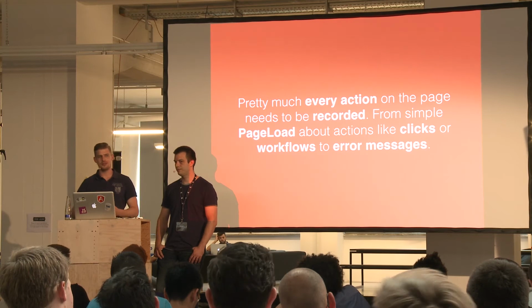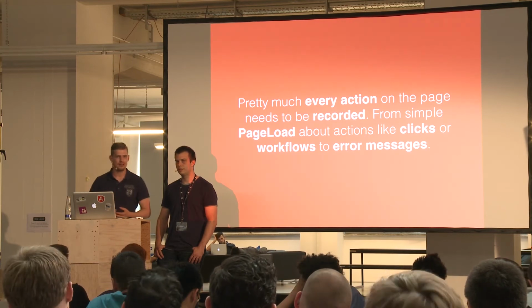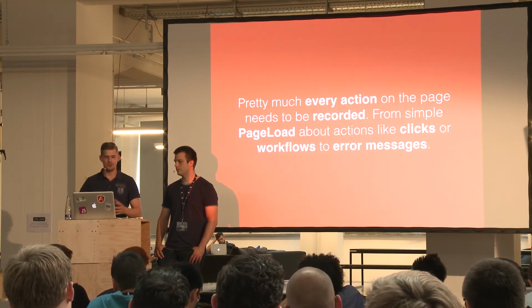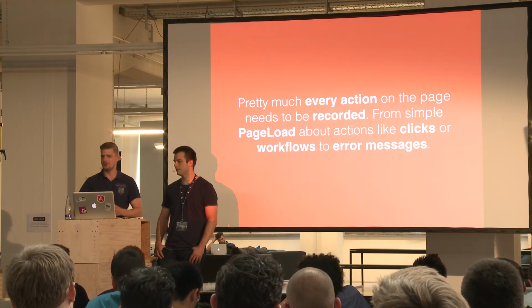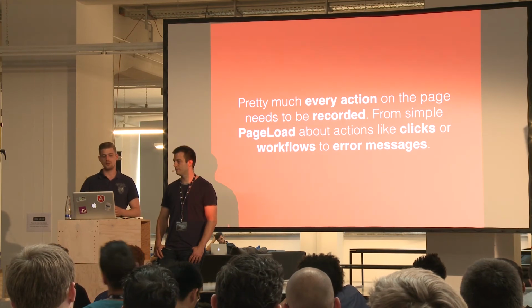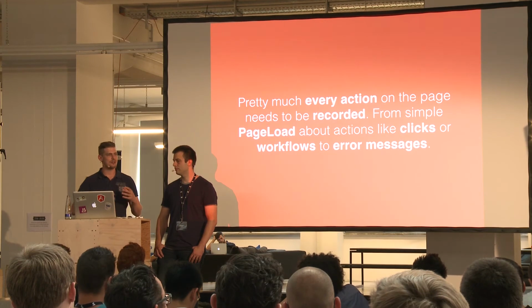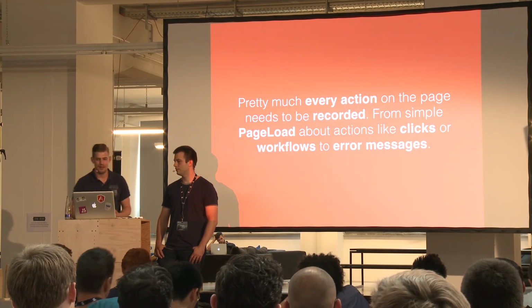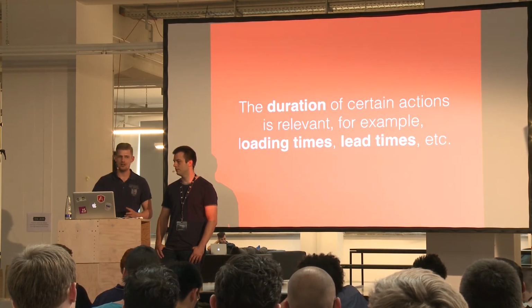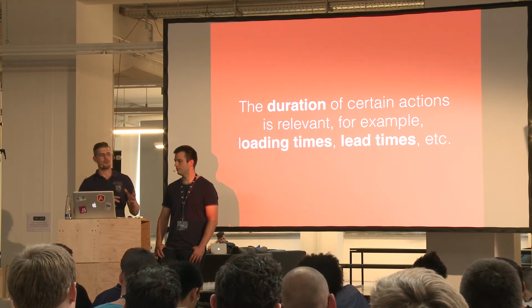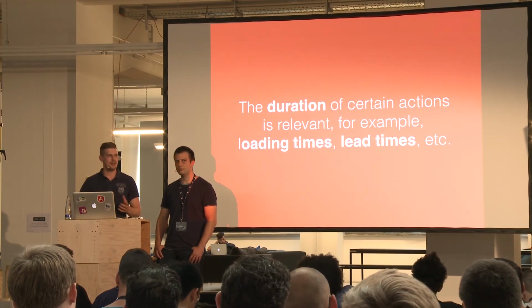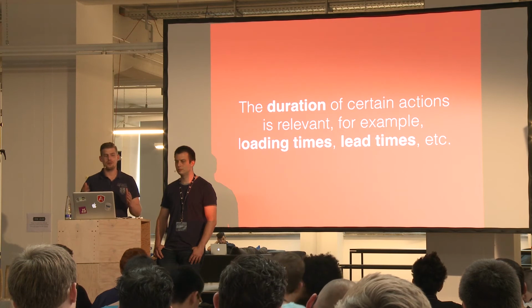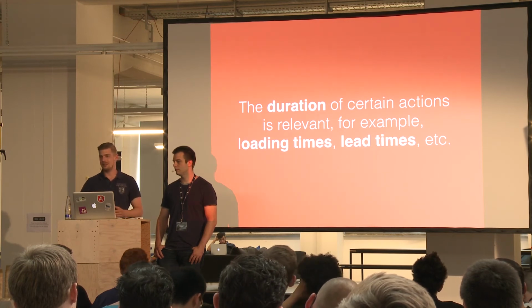Normally you have these metrics beforehand, but collecting the interactions from the user itself is quite important and can be analyzed afterwards too. It's not just about the events, it's also about the page loads, about durations, how long the server response took, the average lead time for a registration, or something like that.